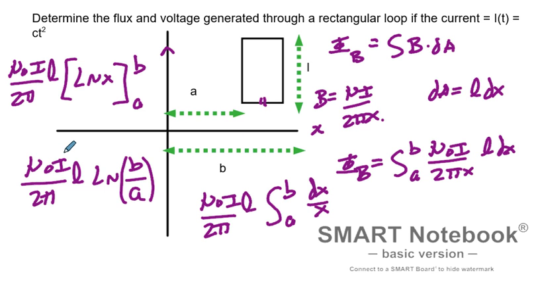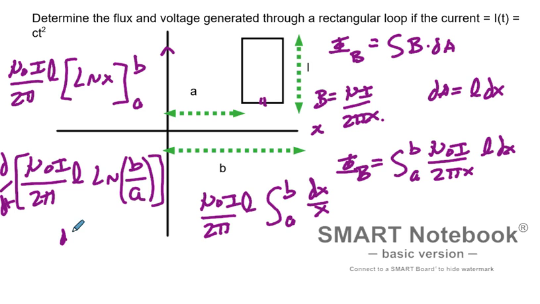Now we have to deal with the fact that current I is a function of time t. So we know current I(t) equals Ct squared. So what we need to do now is take the derivative of this expression here with respect to time. So I'm going to go d/dt. But inside I'm going to be taking the derivative of current with respect to time.